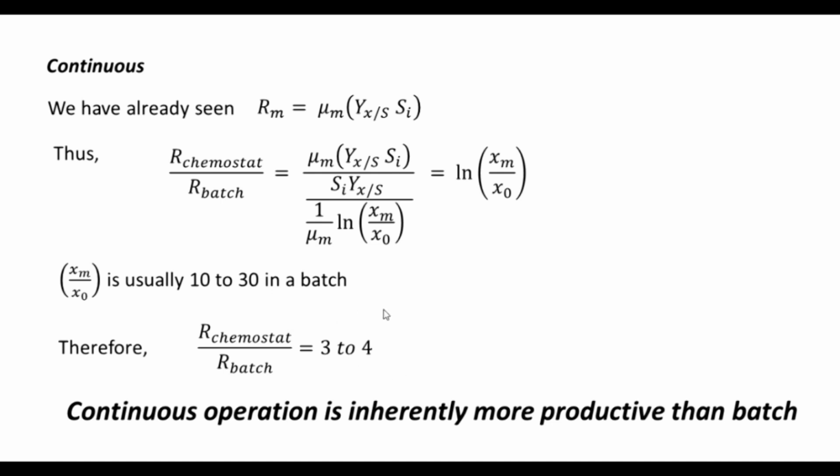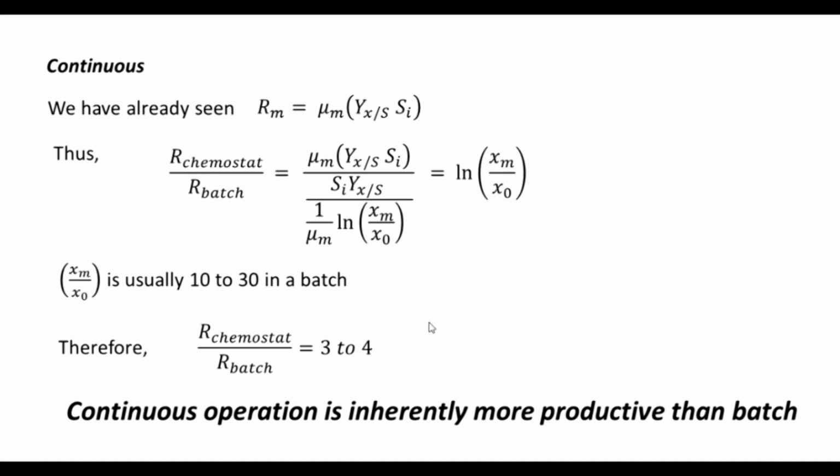So this is by the very nature of it. This is also a very profound kind of an insight that we get from this analysis. The chemostat is 3 to 4 times more productive than a batch, usually speaking. Okay. So an industry can expect to be 3 to 4 times more productive by switching to a continuous operation, but operating in a continuous mode requires a lot more effort than operating in a batch mode.